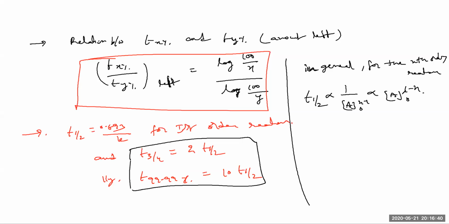So it is initial concentration, right? Or we can take T half inversely proportional to 1 by A power n minus 1. A is the initial concentration. Take this formula.